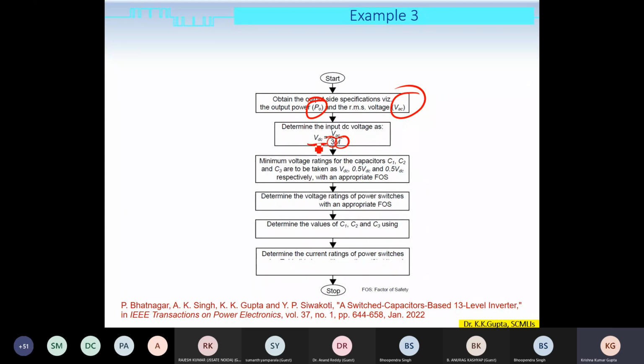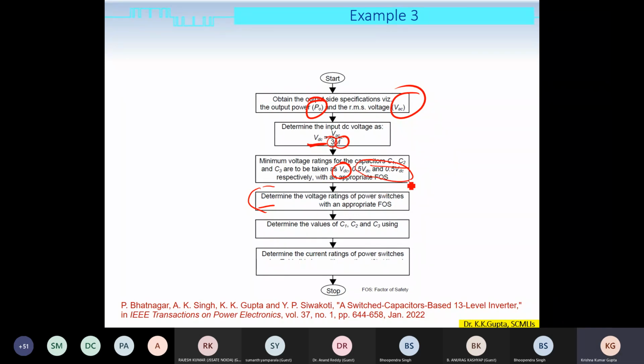Once you have determined this input DC voltage, you can find out the voltage ratings of the power switches, and accordingly the voltage ratings of the capacitors also. C1 gets charged to VDC, so it has to be rated minimally at VDC. C2 and C3 are charged to 0.5 VDC, so they are to be minimally rated at 0.5 VDC.